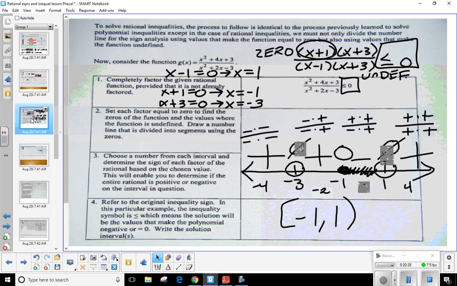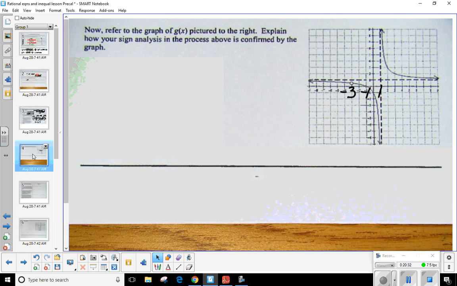Now, look at your pattern. Okay, it goes plus, plus, minus, plus. What is that telling me? You'll notice, what's the graph doing in the regions where we got a positive?